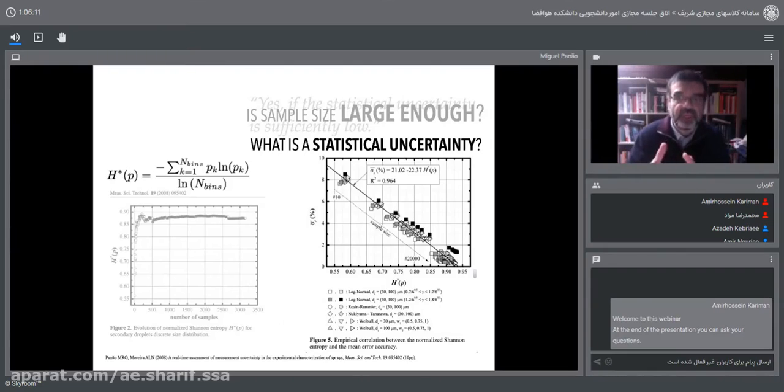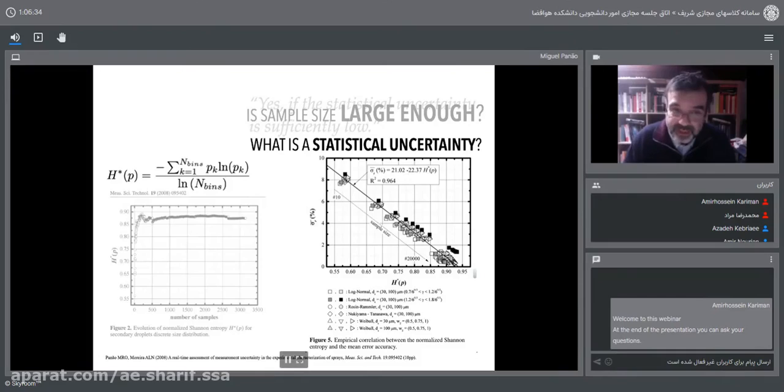So this allows me to have a parameter that quantifies exactly the same as the standard deviation approach, which is the deviation between the distribution that I know and the distribution I get with a certain sample size. And this will give me a statistical uncertainty based on information theory.